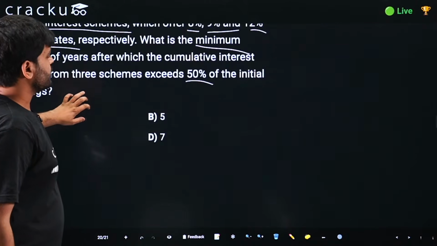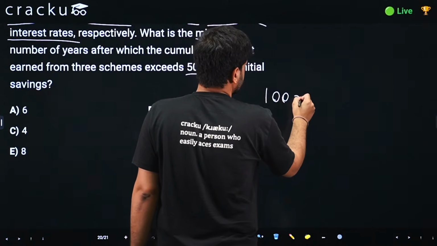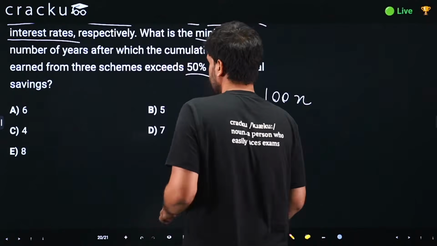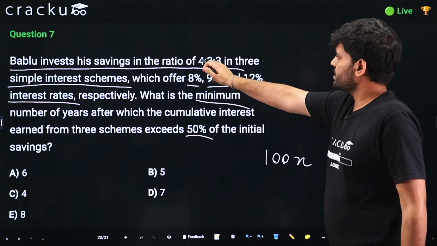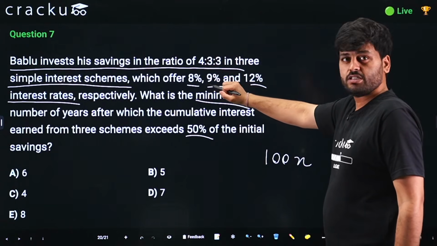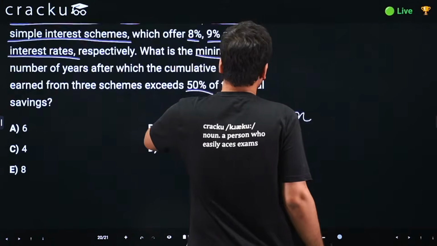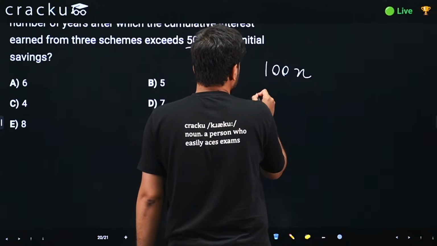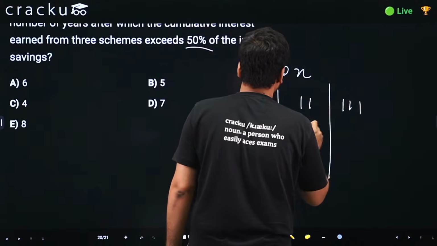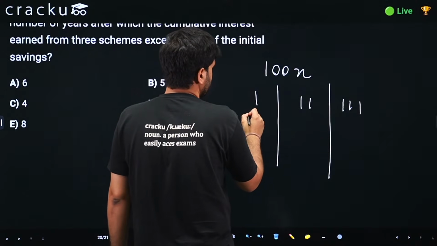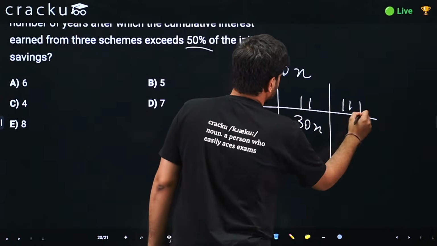So let us assume the total savings to be 100x, since we are not given. So what would be the initial savings invested in the 3 schemes? It would be 40x, 30x, 30x. So for scheme 1, scheme 2 and scheme 3, the principal would be 40x, 30x and 30x.